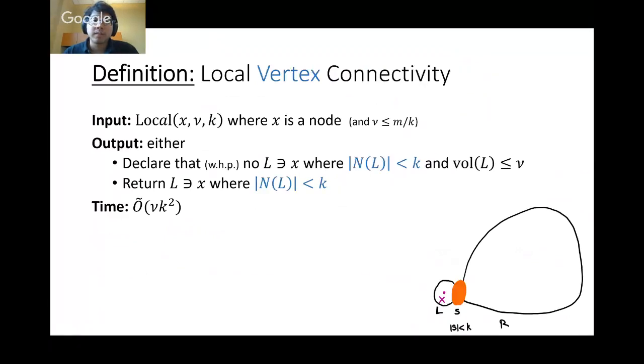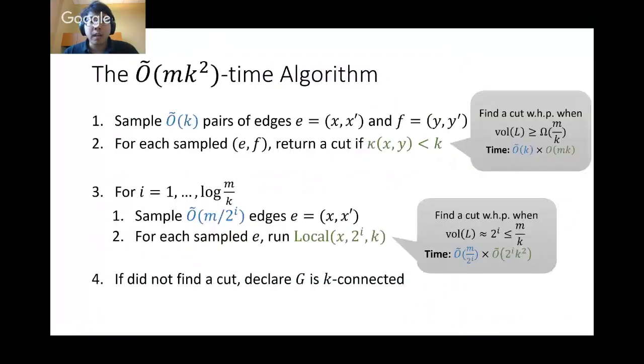Okay, and from this we plug into our randomized framework, and we get an algorithm that runs in m k square time. So this is the algorithm.